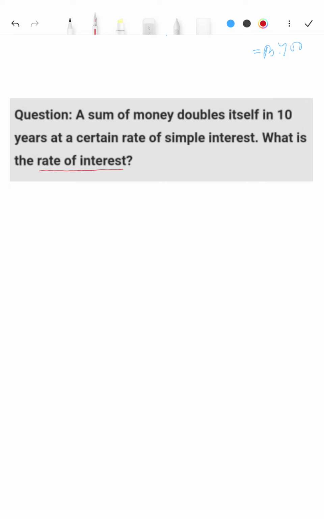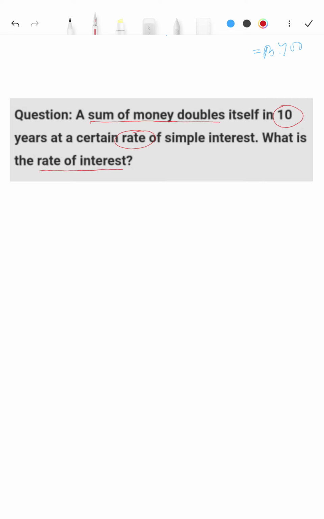What are the things given to us? Firstly, the sum of money, which means the amount, is equal to double itself, means doubled up. In what amount of time? In 10 years. Now you just have to find out the rate of interest.